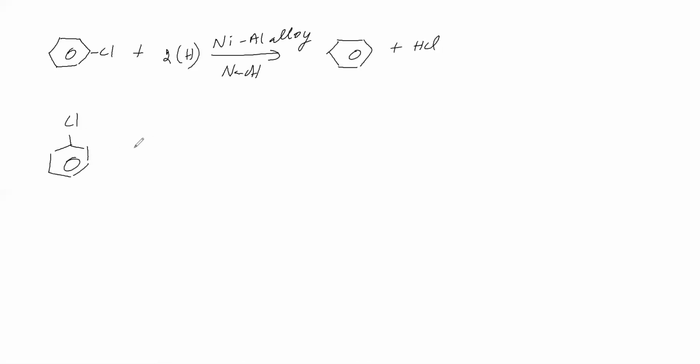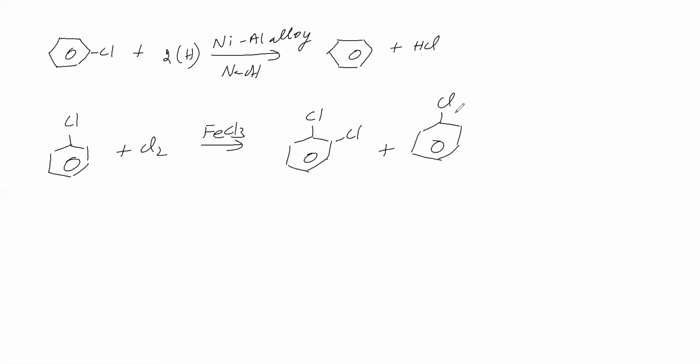It is going for ring substitution. What is the ring substitution? Chlorine and ferric chloride, that is chlorination. So due to chlorination, what compound are we getting? Here dichlorobenzene, ortho, and another one is para dichlorobenzene. So we will see what mechanism is involved here.